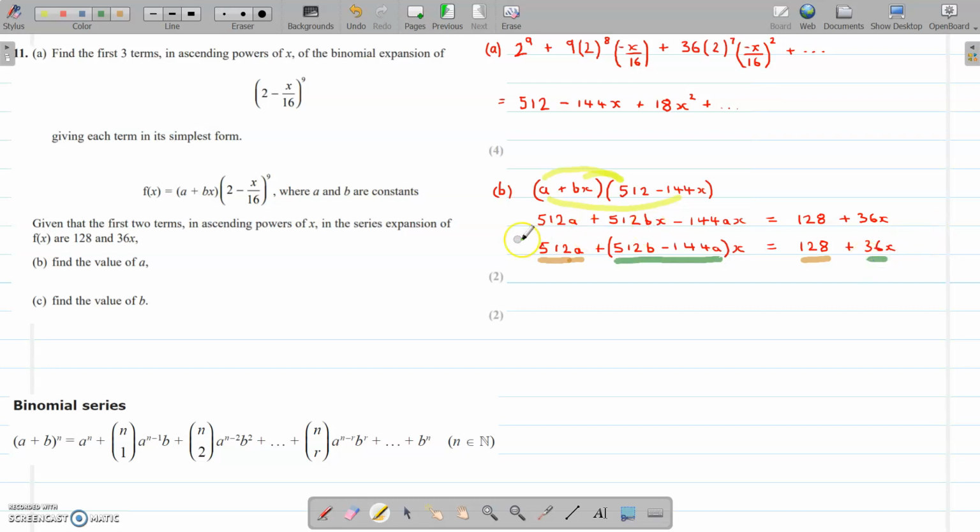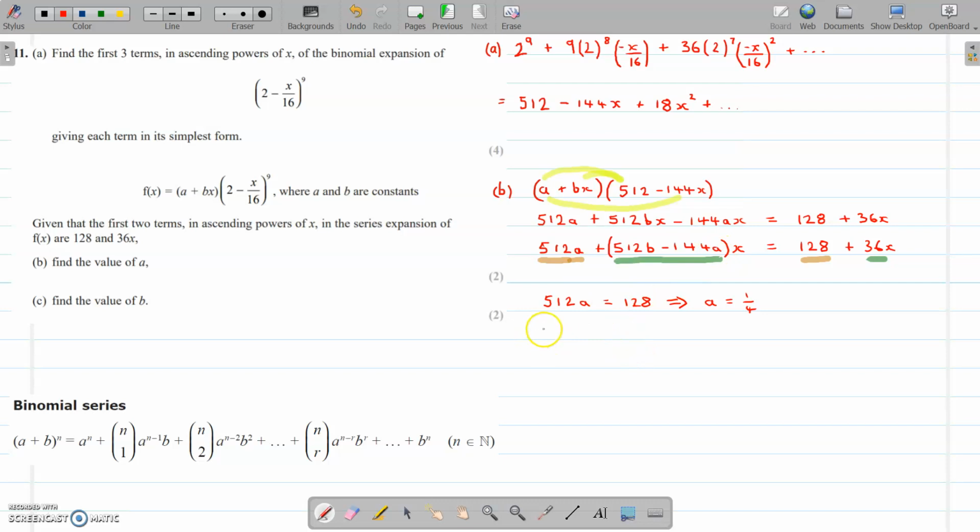So I just use that information to solve those equations. If I just take the a term, 512a equals 128. That gives me that a is a quarter. So a equals 1/4.